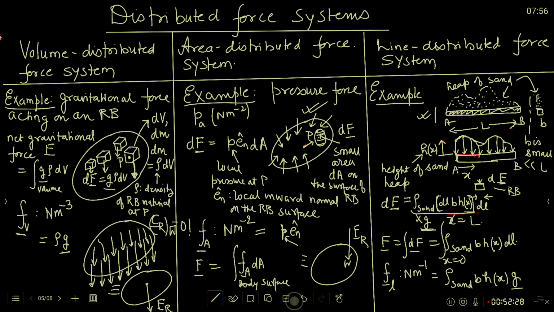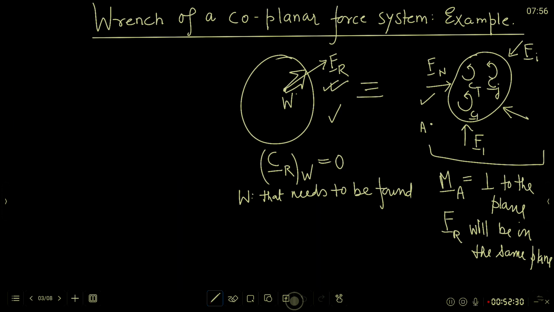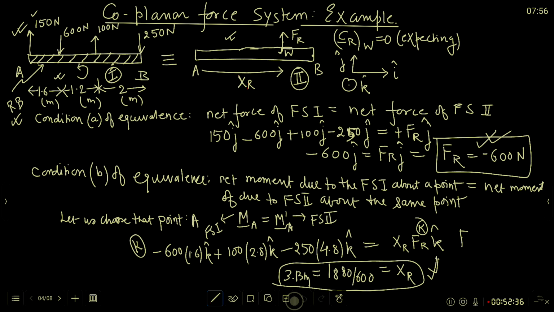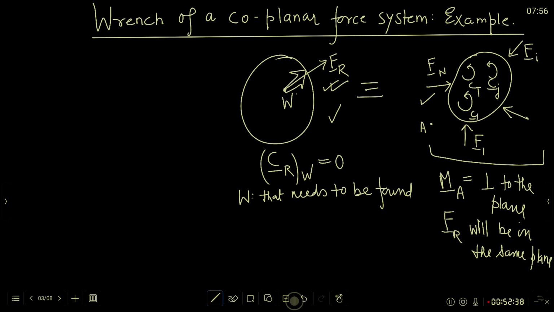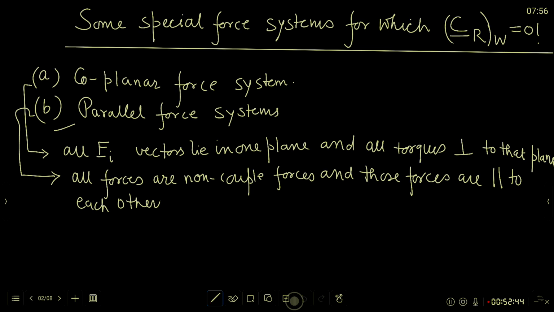Now I go back to my main topic, which is considering some special force systems in which the wrench has CRW as 0. I've already discussed one case, coplanar force system. One example I showed for coplanar force system.